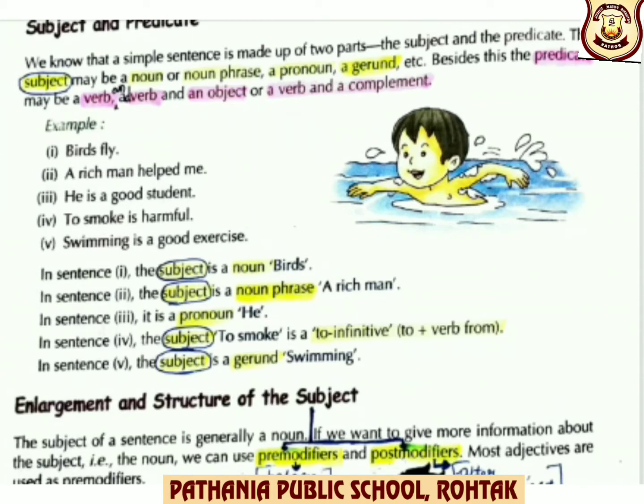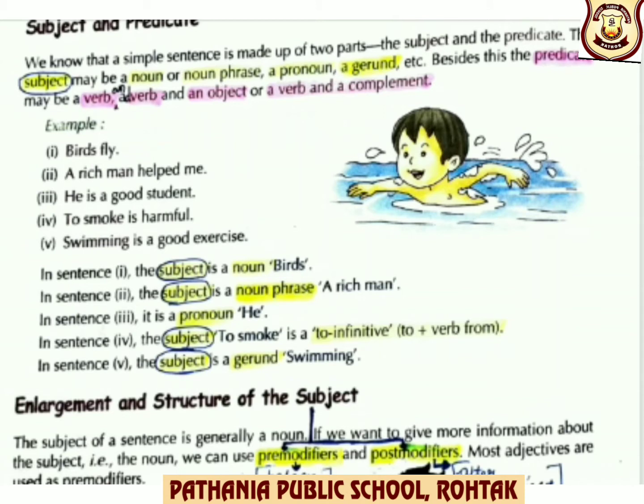In sentence 1, the subject is a noun, that is birds. In sentence 2, the subject is a noun phrase, that is a rich man. In sentence 3, children, subject is a pronoun, that is he.